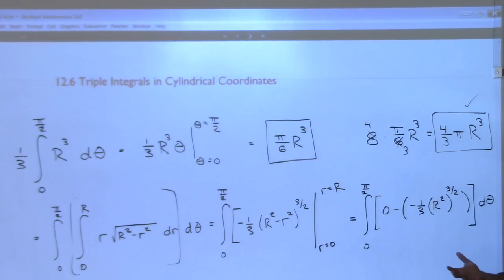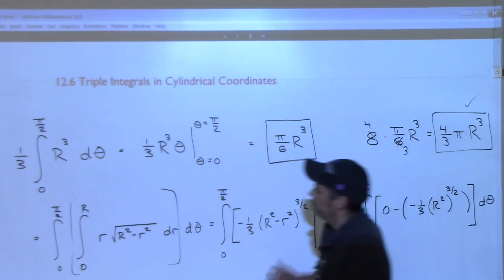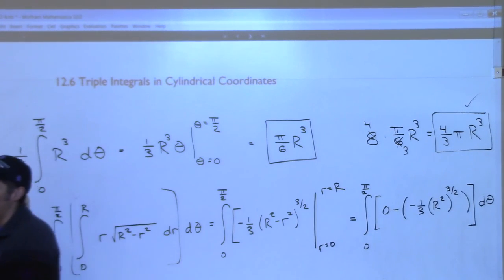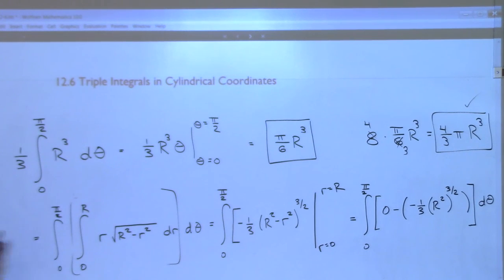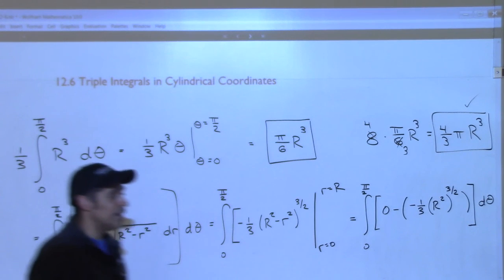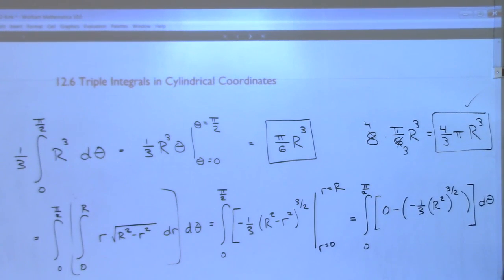You're converting to polar, but because it's a triple integral, we call it cylindrical coordinates instead of polar. But I'll get more into that later. So we'll spend next class doing triple integrals, converting to polar cylindrical coordinates. And then after that, 12.7 is a brand new coordinate system that we haven't dealt with, and that's called spherical coordinates.